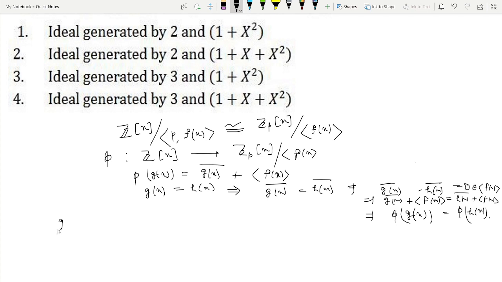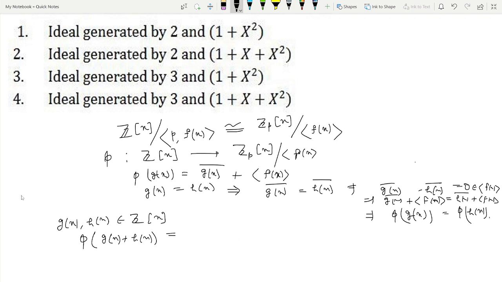And now it can also be proved very easily that if we take two elements g(x) and h(x) belonging to Z[x], then just verify by yourself that phi of g(x) plus h(x) will be actually class of g(x) plus h(x) plus the ideal generated by f(x), and then this class of g(x) plus h(x) will also be equal to class g(x) plus class h(x).